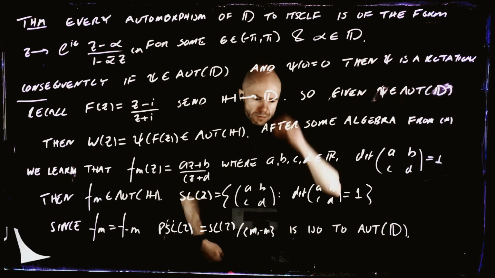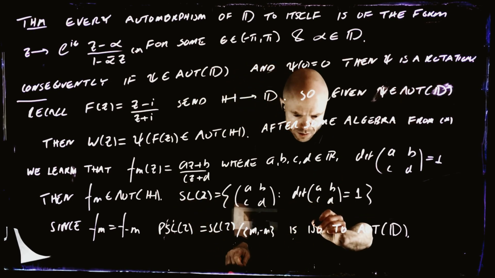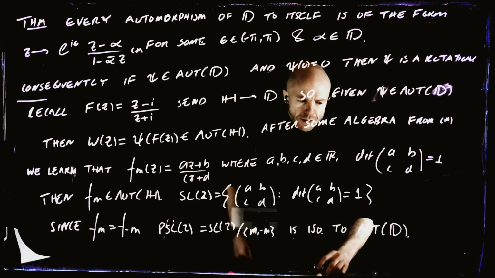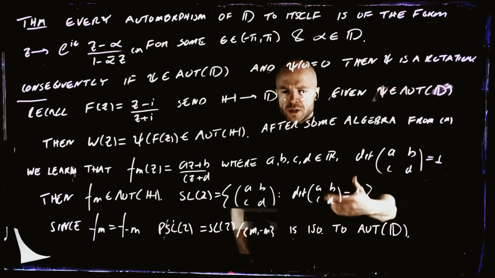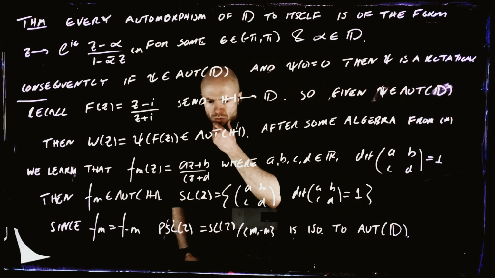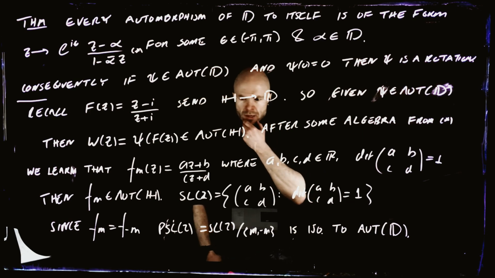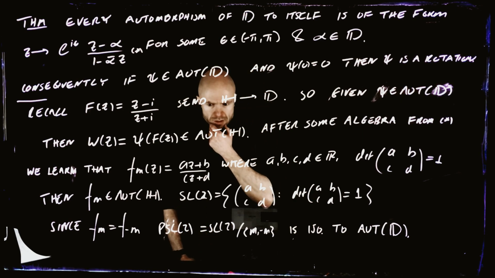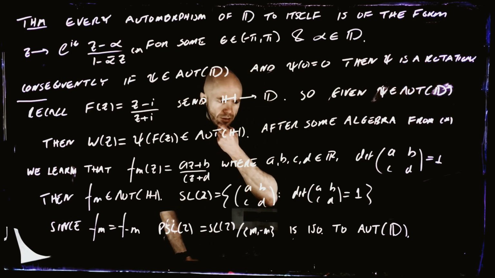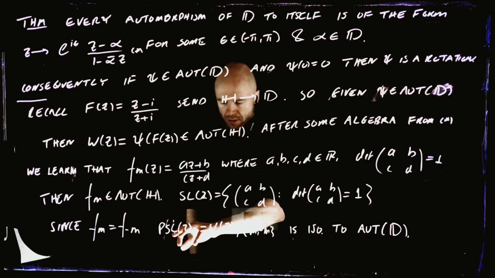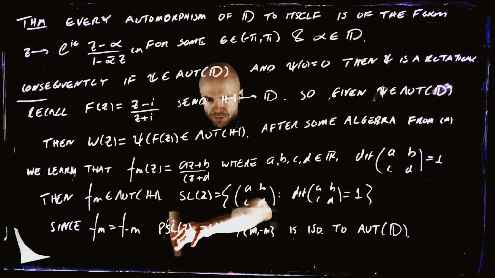Okay, so this is really strong, because a priori the automorphisms of the disk could be this huge class of mappings which do many weird and different things. And what this result says is that you can entirely understand them as this group.